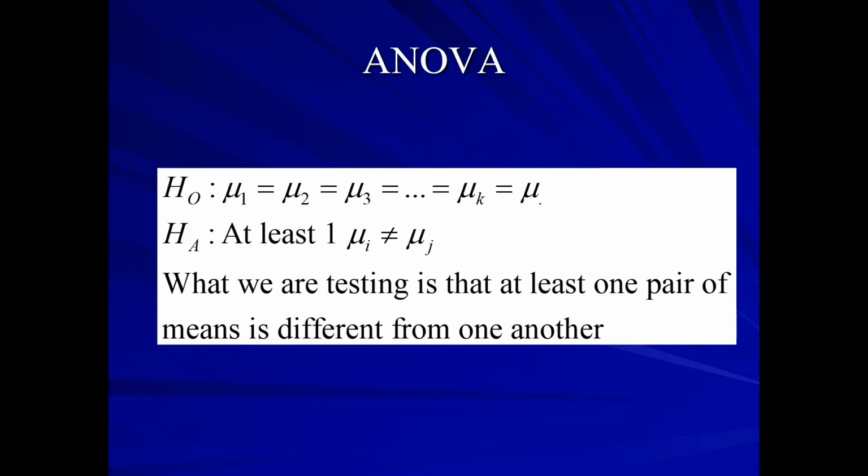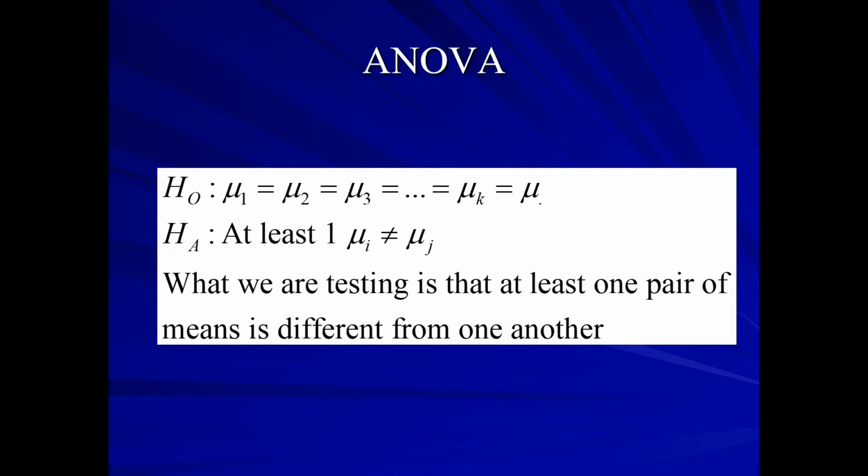So exactly what are we doing in an analysis of variance? Remember, we're talking about a completely randomized design. We've got to format our problem, so we need to set up our null and alternative hypotheses. In our null hypothesis, what we are testing is to see if all the means equal some grand mean.